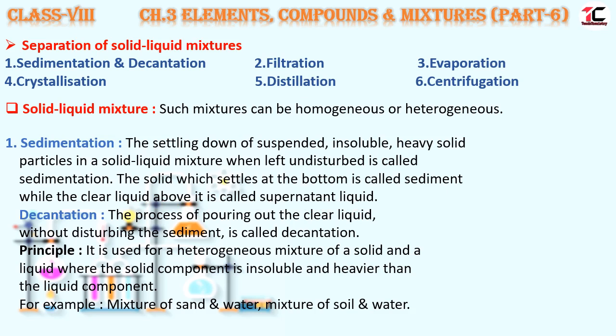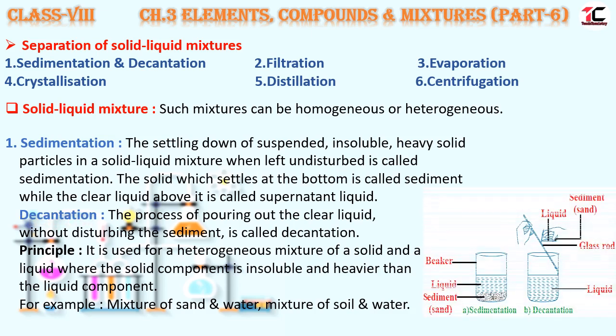Now, that is the first part of this method. Let us see the second part, decantation. It is a process of pouring out clear liquid without disturbing the sediment. That is called decantation. What is the principle behind it?